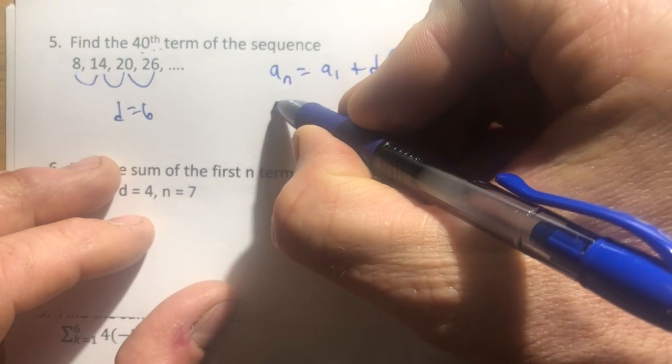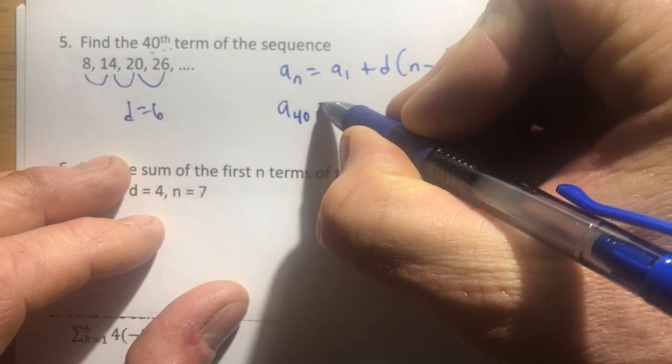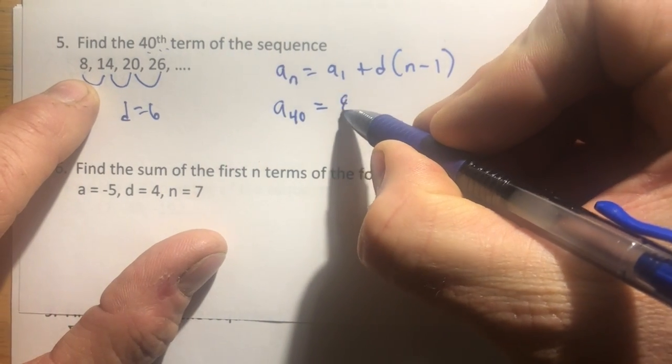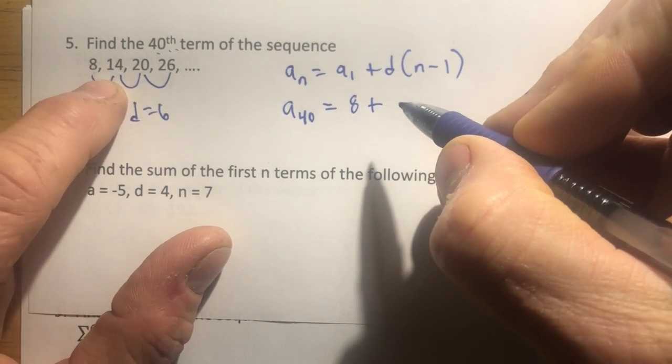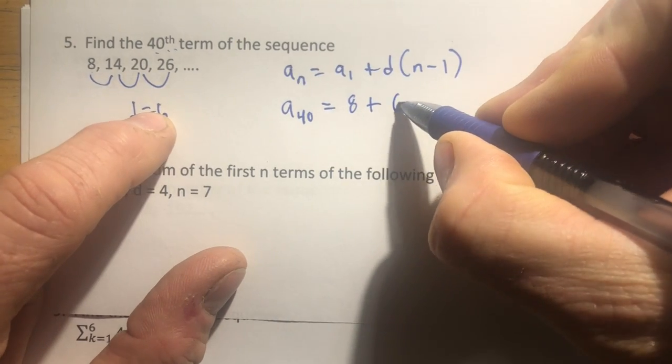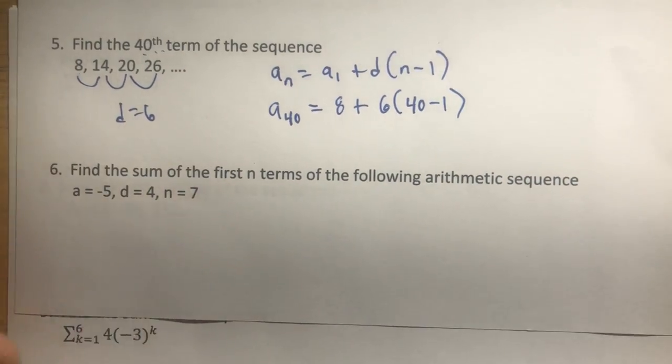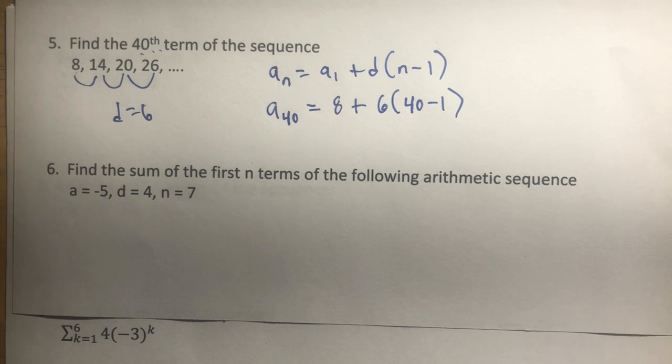I want the 40th number, so that means a sub 40 is going to equal a sub 1, which is the first number, 8, plus my D. Well, as we said, D was 6. It goes up 6 each time. And then I want 40 minus 1. And I'll just punch it in the calculator. So let's do this.